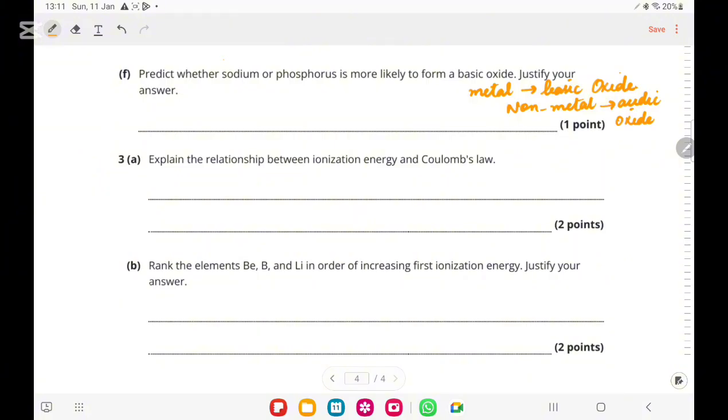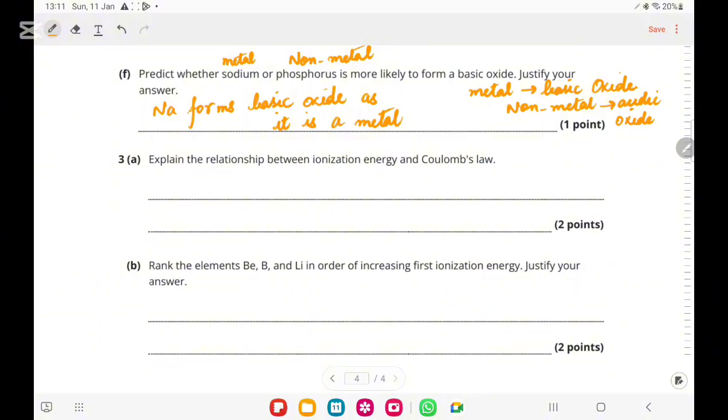Which is the metal? Sodium is the metal and phosphorus is the non-metal. So we can say that sodium forms basic oxide as it is a metal.